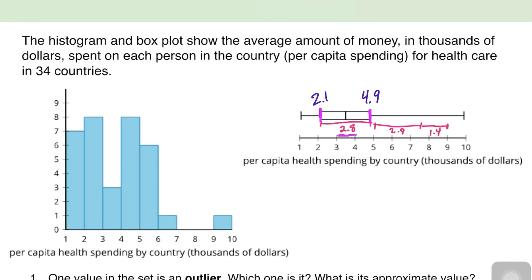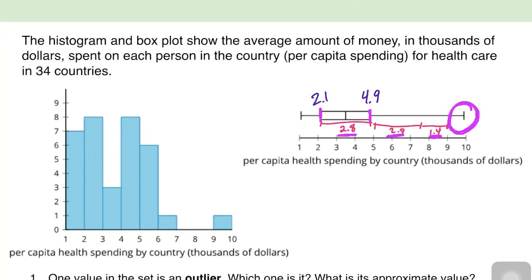That means my interquartile range is going to be 2.8, and 1.5 times the IQR just means that we're looking at the distance of the IQR, which is another 2.8, and then another half of that, which in this case would be 1.4. And if a data point is further away from your interquartile range than that 1.5, then we're looking at the possibility of it being an outlier.